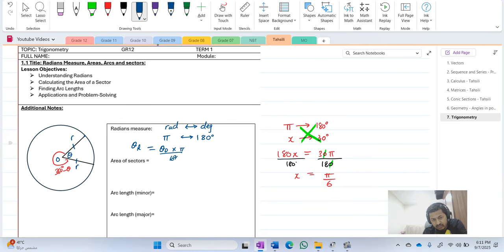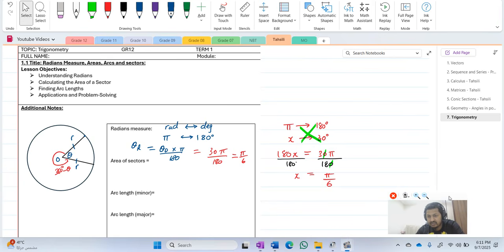That's what's being done here. So using the same thing, we have theta in degrees and want theta in radians: 30 times pi divided by 180, and we still get pi by 6. So we know 30 degrees is pi by 6. I do have more examples that we can look at.